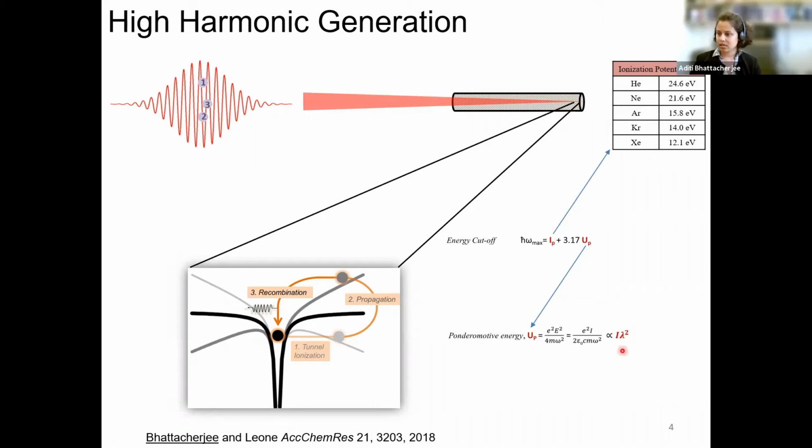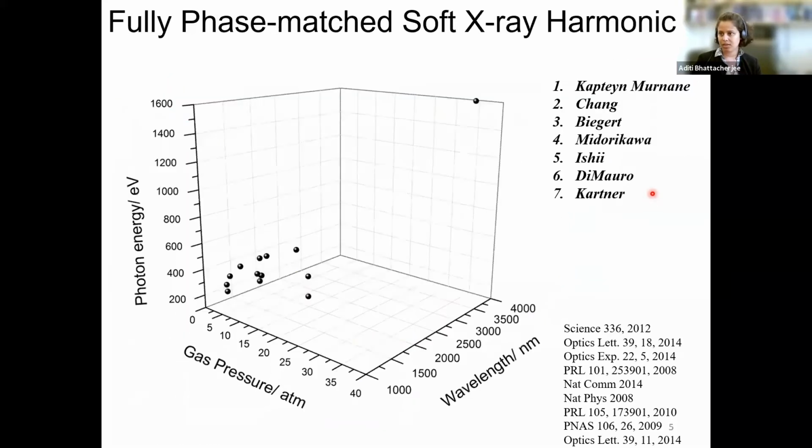And this scales linearly with the intensity of the pulse and quadratically with the wavelength of the pulse, meaning that with a combination of factors such as the intensity, the wavelength, and the choice of the rare gas, one can tune the photon energies of high harmonic generation. So these are the three parameters that outline the next graph.